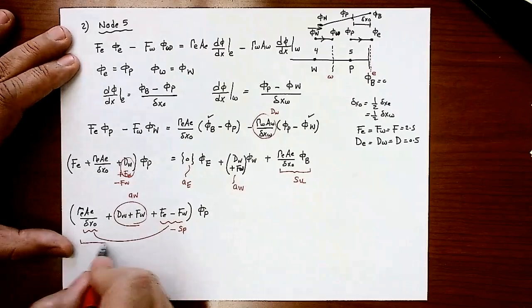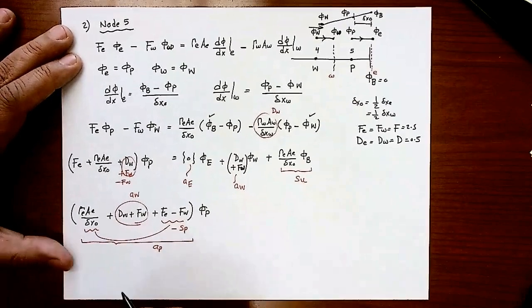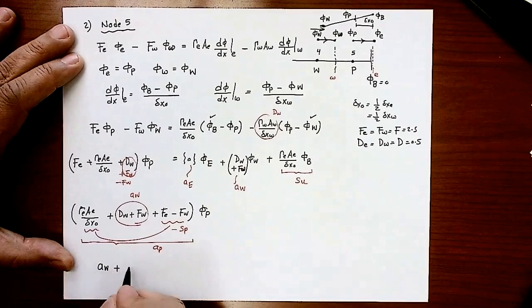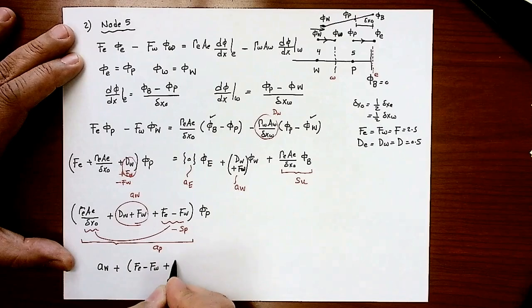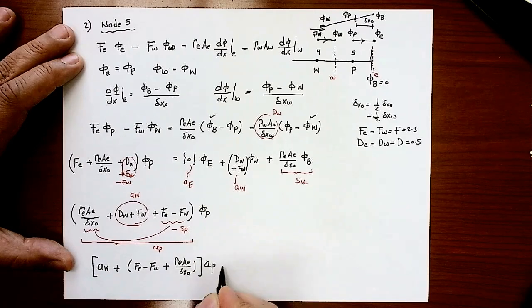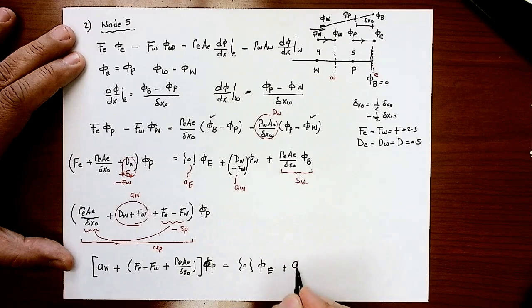Then the total combination here is my AP. If I write this equation in a more organized way, I would have A west plus F east minus F west plus kappa east A east over delta x node, totally multiplied by phi P, equal to 0 phi east plus A west phi west plus SU.